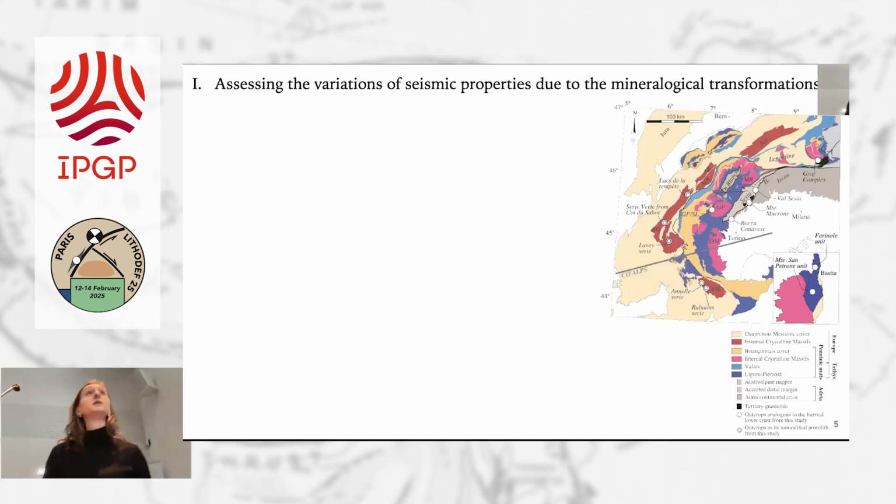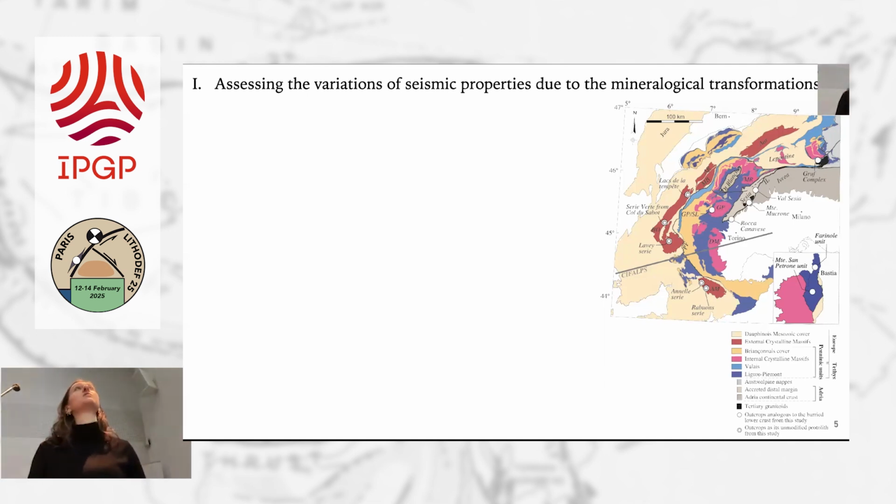So that's what we did in a first paper, and we look for analogues of the European lower crust at the surface, which in reality does not outcrop. So we sampled several large chemistry groups, and we then converted their petrogenetic grid, as a function of P and T, into seismic velocity variation.